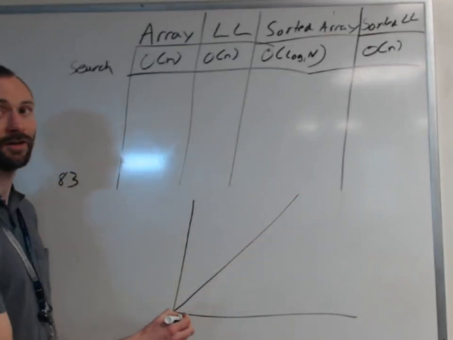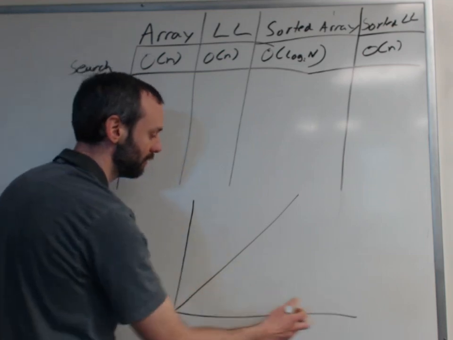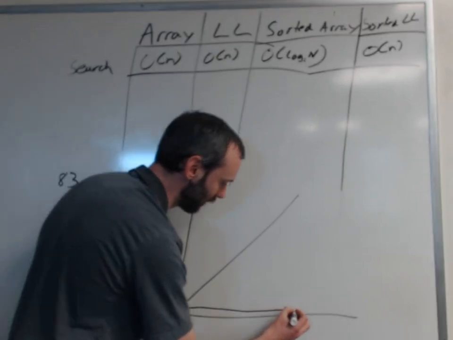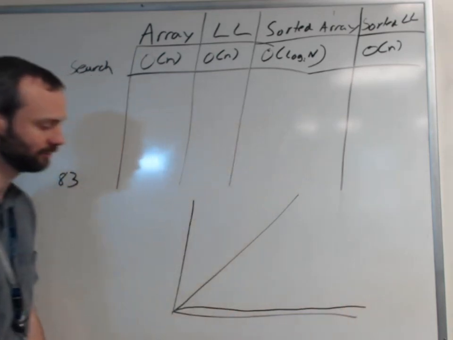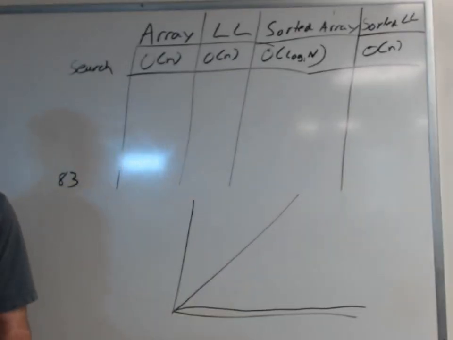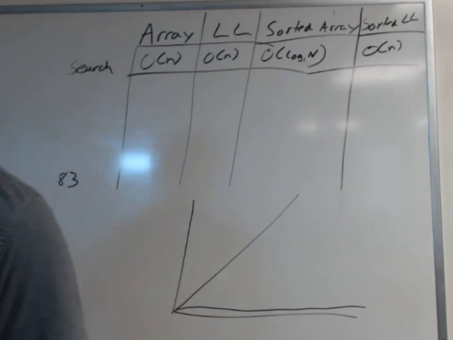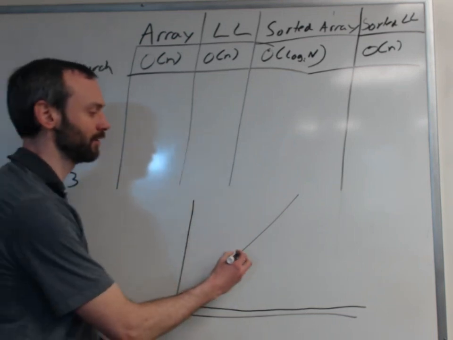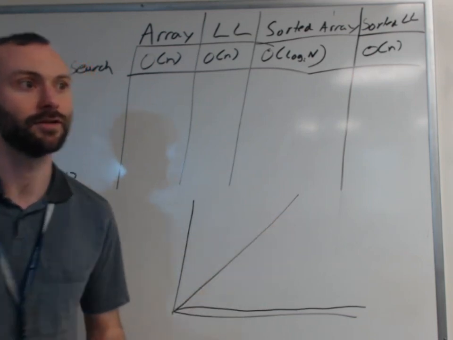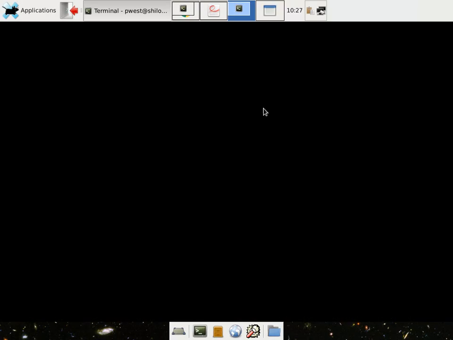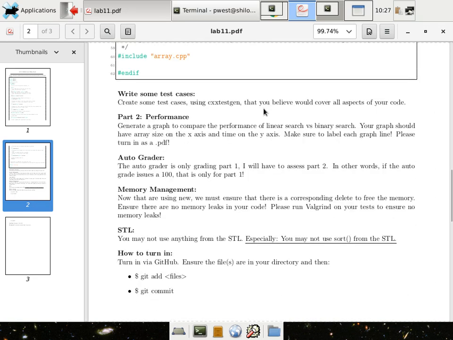Linear search, and then depending on how far out you go, it's going to look like a flat line all the way across for binary search. All right, that's what you're going for. Naturally, this may be a little jiggly due to a lot of artifacts that can occur.